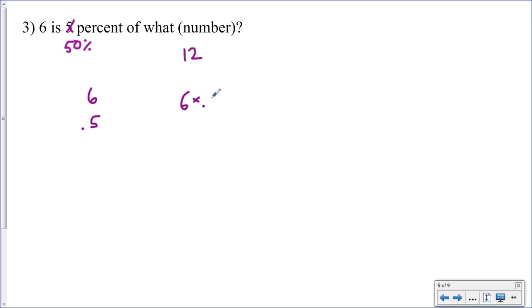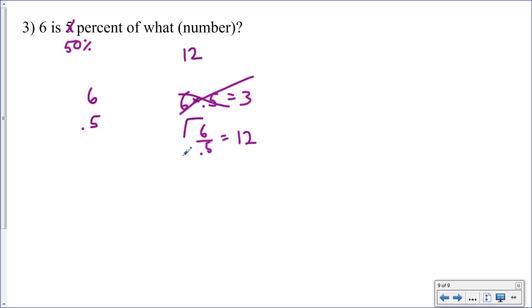Does 6 times 0.5 work? No. 6 times 0.5 equals 3. So it's not that. How about 6 divided by 0.5? How many 0.5s does it take to add up to 6? Guess what? That's 12.